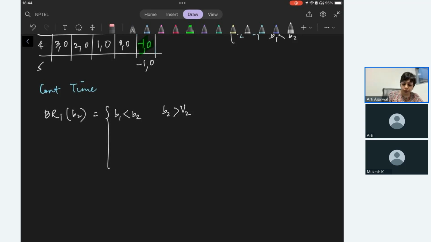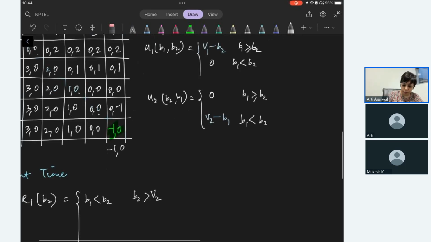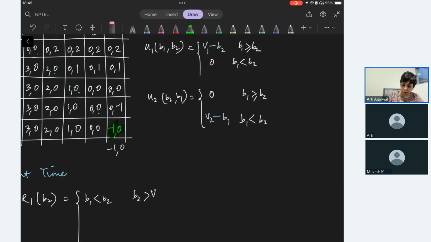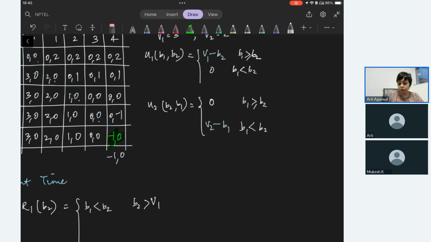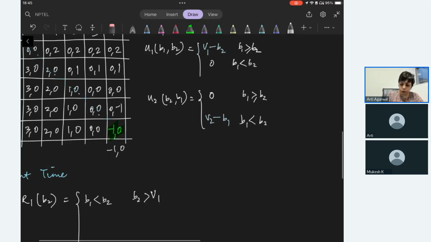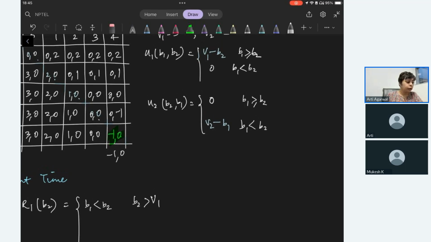So if you have something like this, it should be V1, I think. Here, because you see, if B1 is greater than B2, then you have B1 minus B2 as a payoff. And if B2 is greater than B1, then you are going to want to actually bid B1 less than B2.